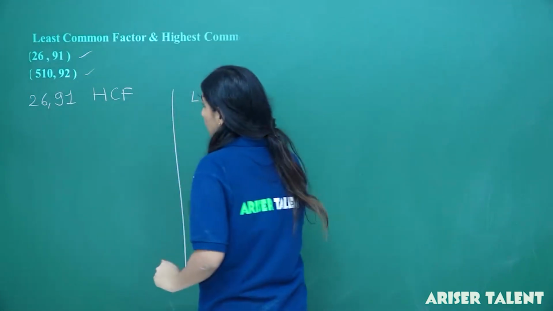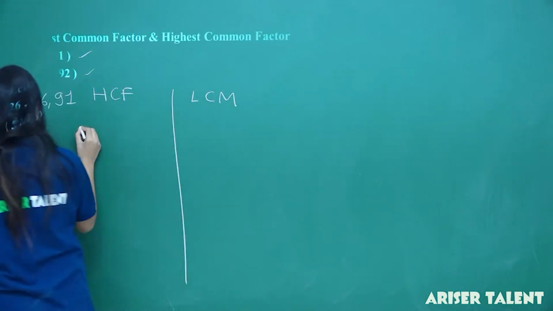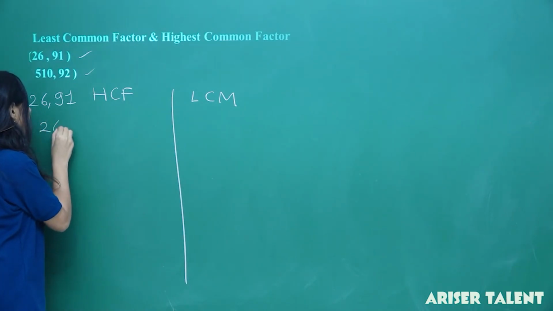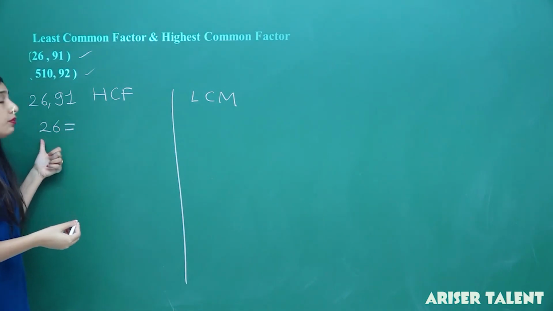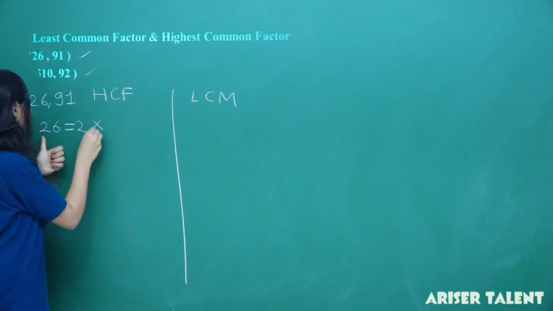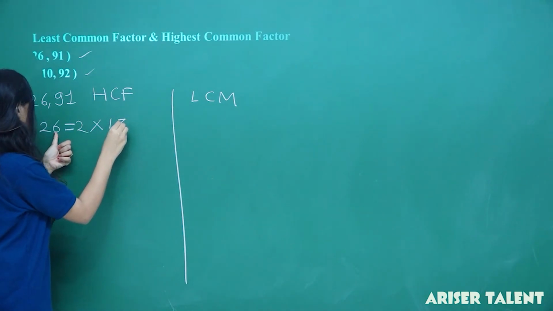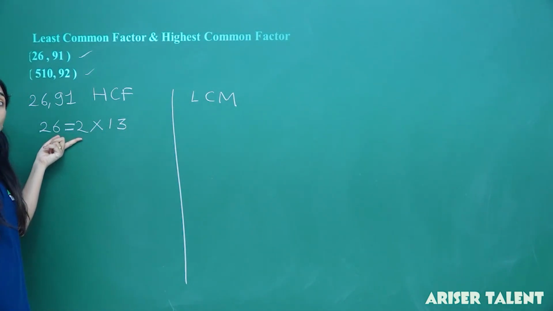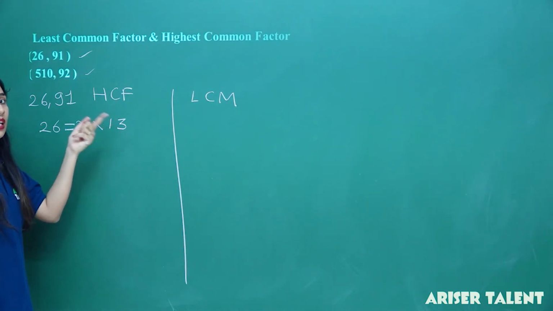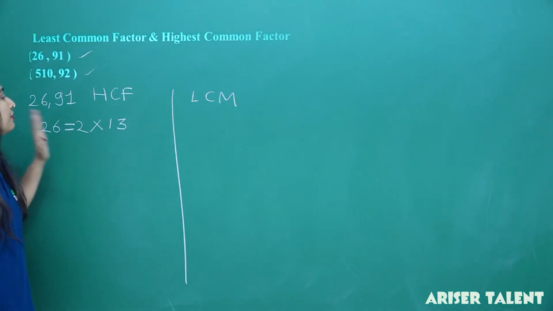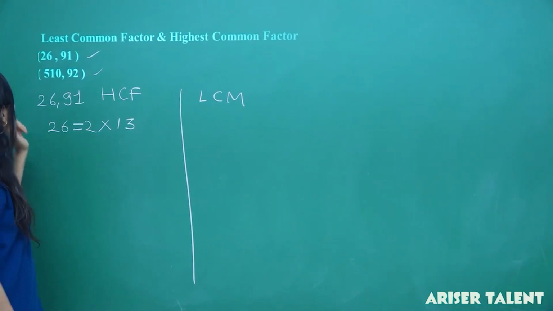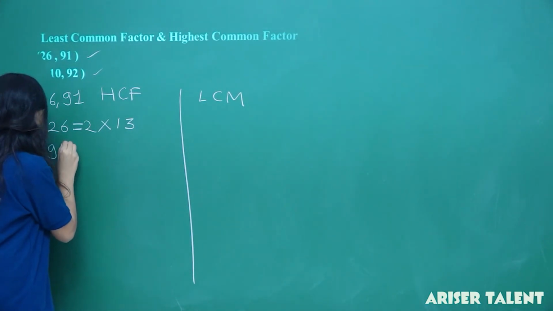Now, prime factorization of 26. 2 multiplied by 13. Now 2 is prime and 13 is also a prime number. So factorization stops here. Now 91.